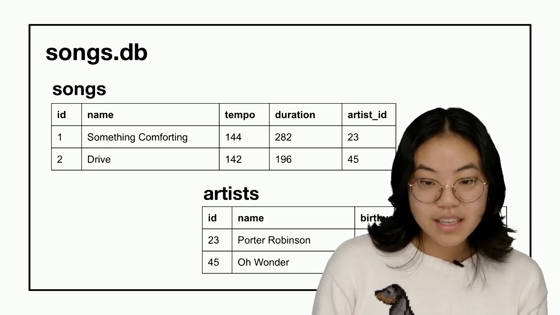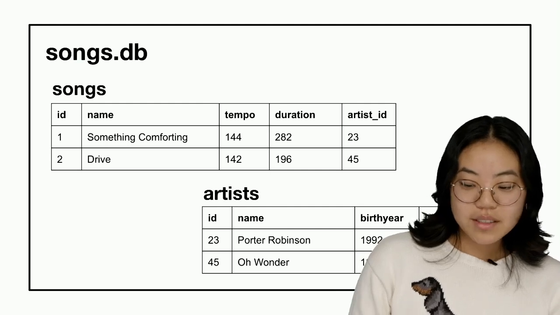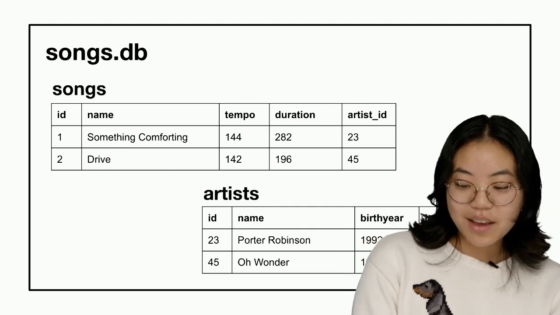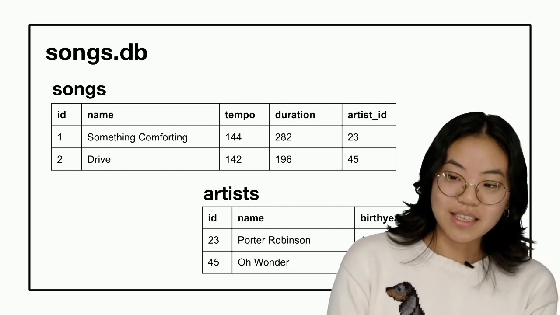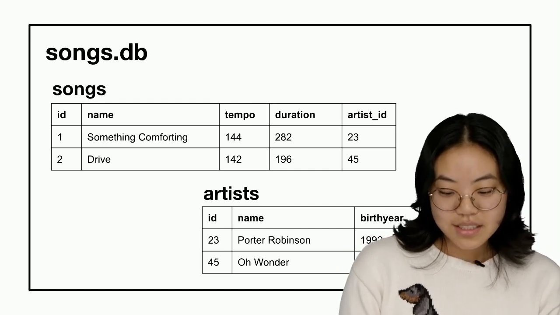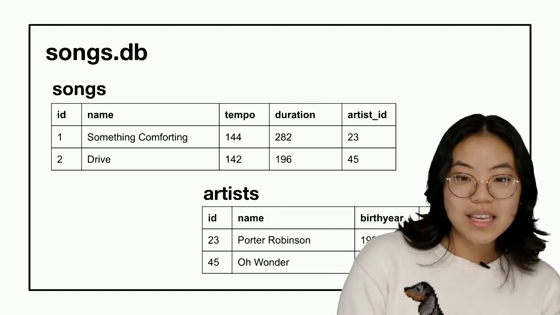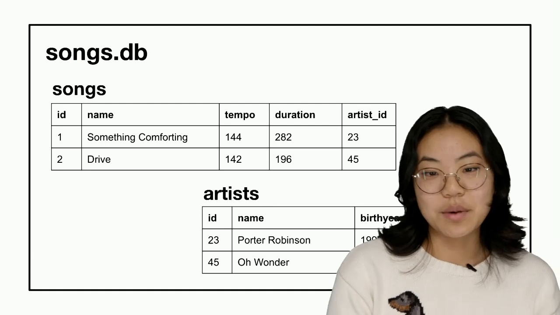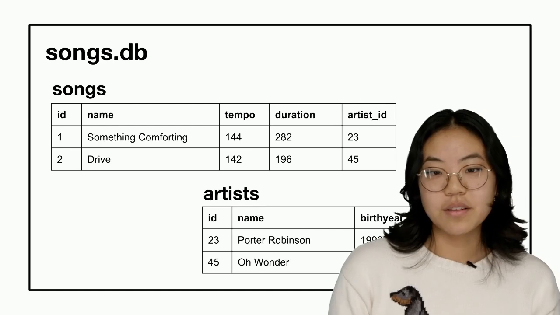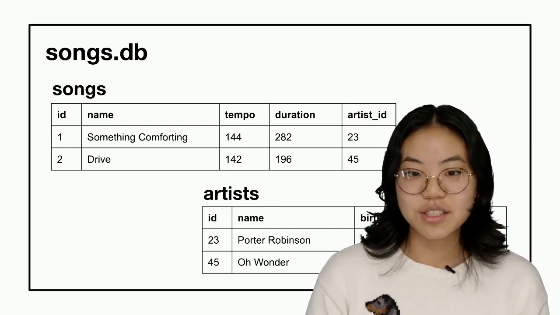In this scenario, one song, in the way that we're storing it, can only have one artist ID associated with it. But there could be many songs written by the same artist.